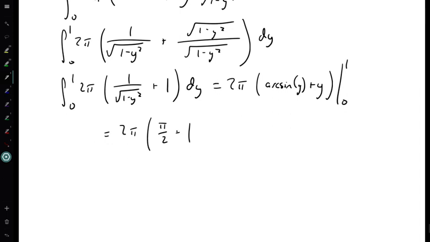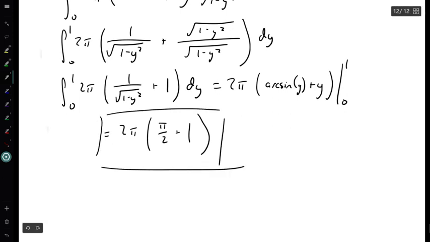Evaluating at 0, arcsine of 0 is 0 and y at 0 is 0, so that gives me nothing. And we end up with this quantity here. All of this work gives us a nice answer for the surface area, despite taking a while to get there and having to go back and try again by integrating with respect to the other variable.